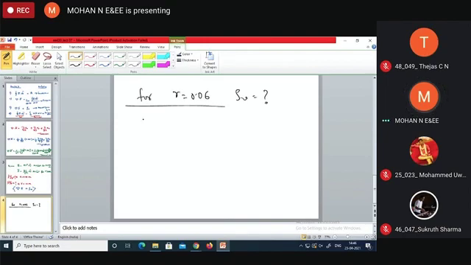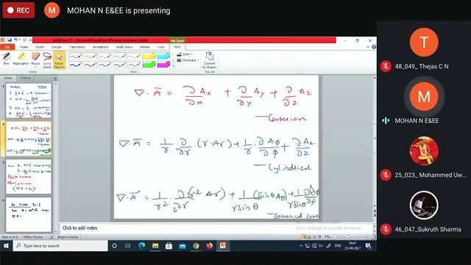Here the flux density is given by 5r square in the direction of r millicoulomb per meter square. So the gradient of this one, we have got the standard expression for spherical coordinates.